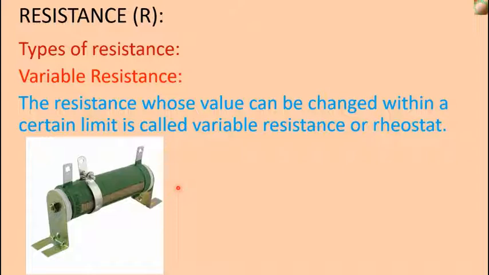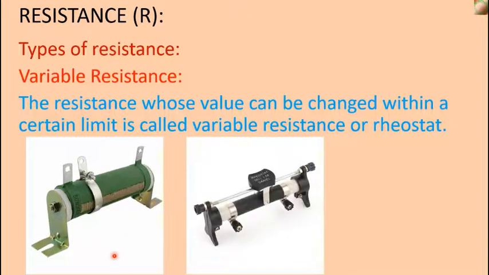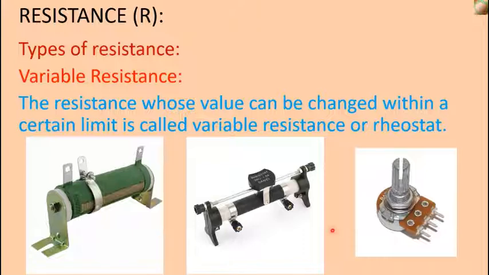Here, this is a variable resistance. Here, another. It's also a variable resistance. By moving this part, we can change the resistance. If we move this, the resistance of the resistor will change. Here also we can move this part. Here we have to connect one end here and another end here.